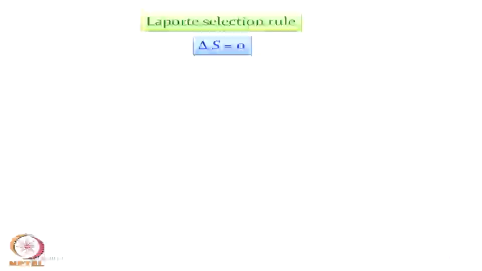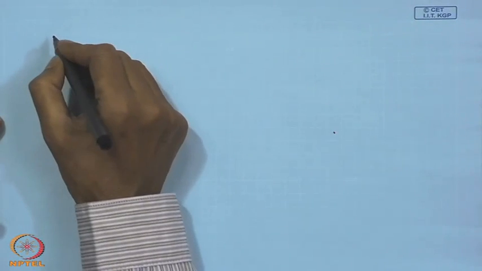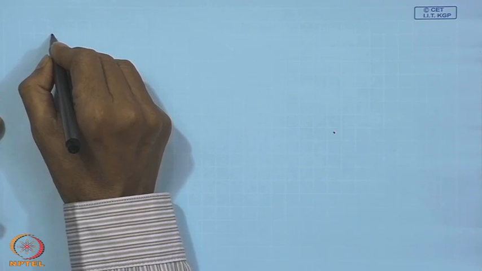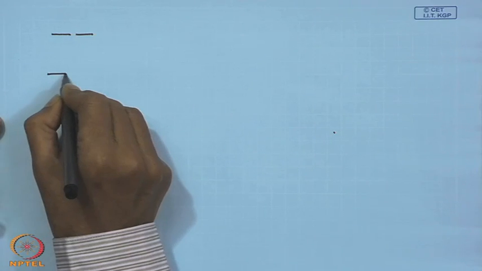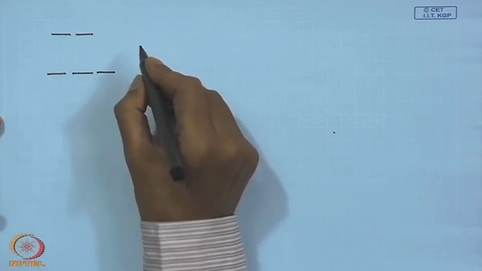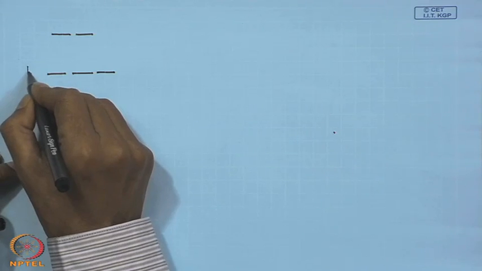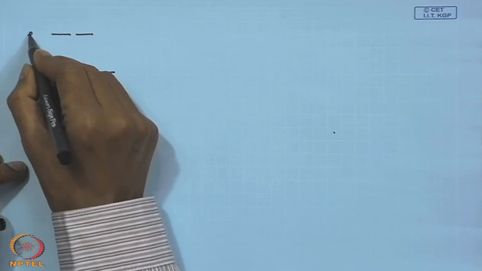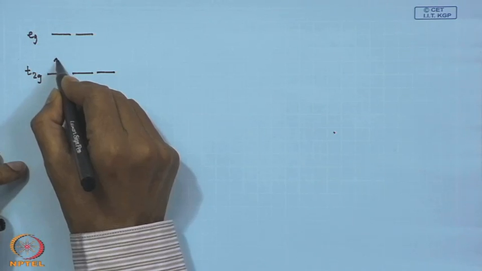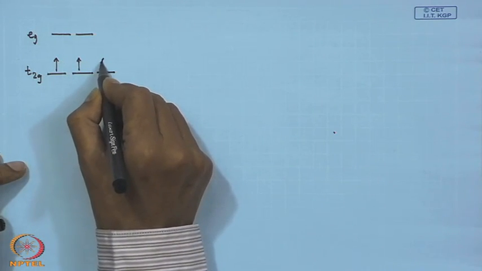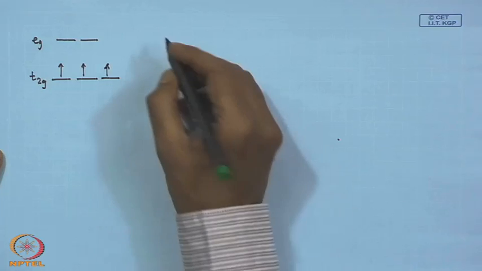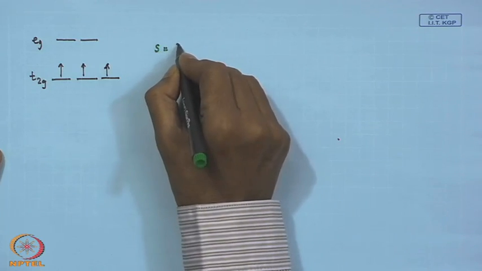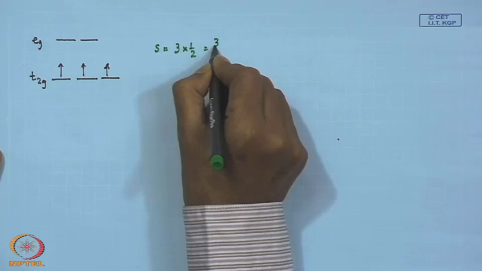If we are considering a particular system where we have the T2g and the Eg level, say for a chromium system, we have 3 unpaired electrons, and these 3 unpaired electrons give rise to a total spin value S equal to 3 into half, which is 3 by 2.